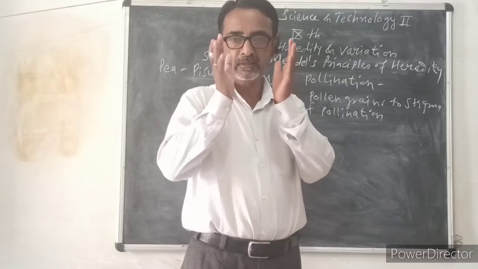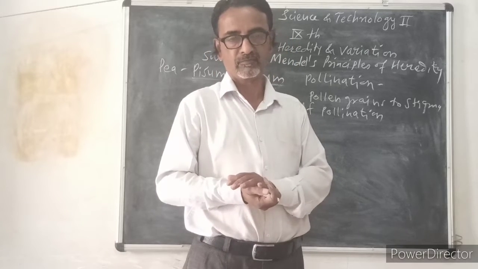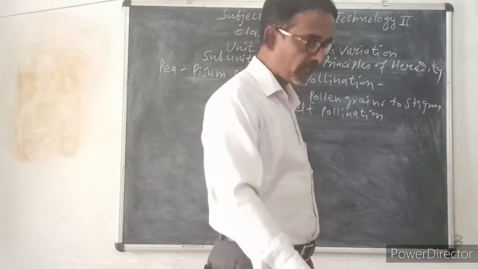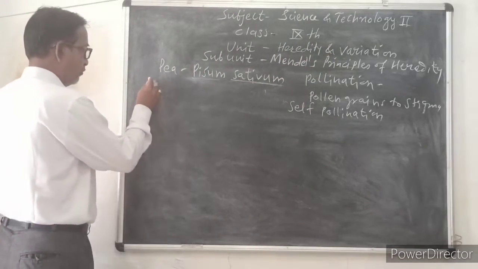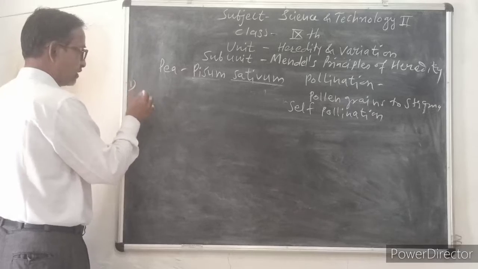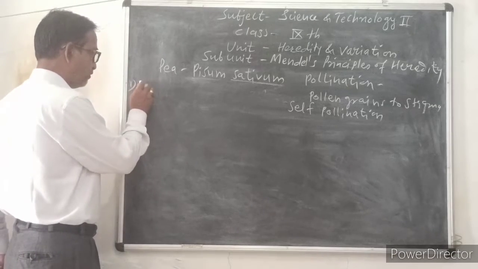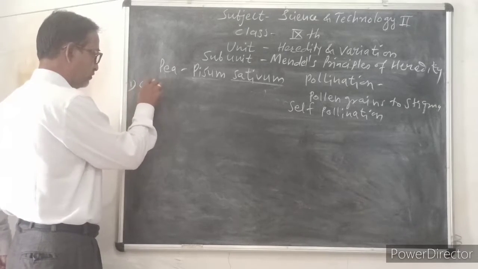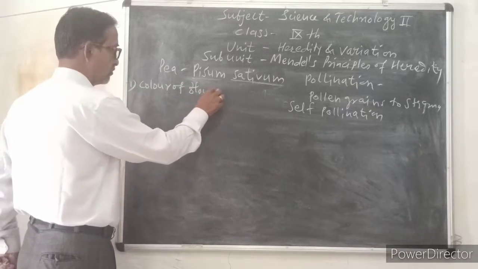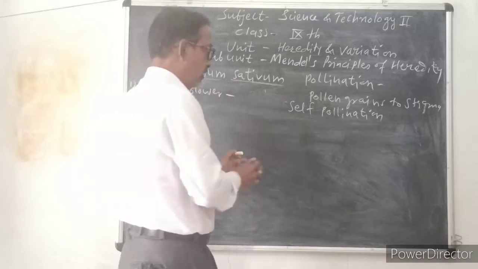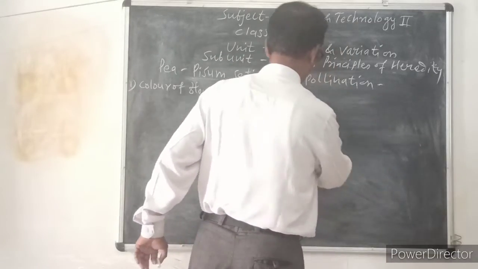So he studied 7 characters of that plant. Which are the characters? We shall see one by one. The first character is, for example, color of flower. Now one character is dominant, one is recessive.